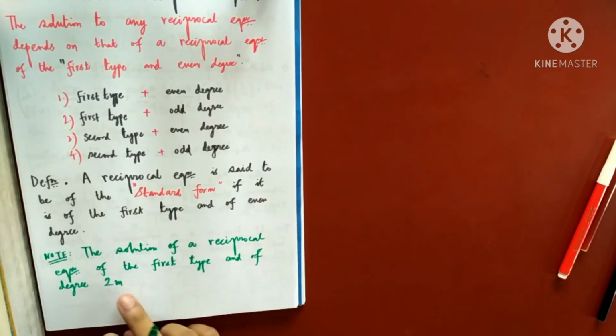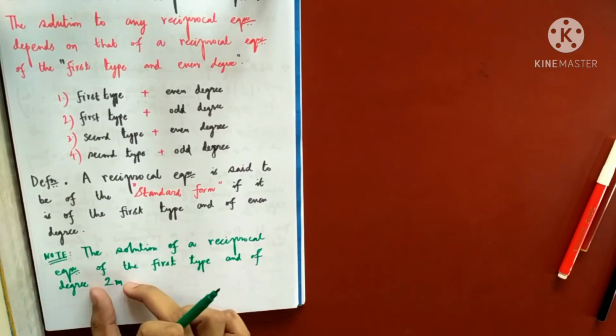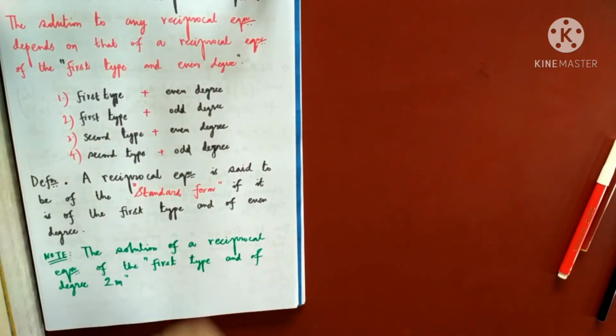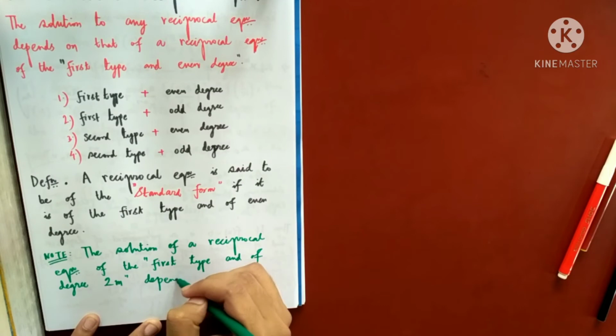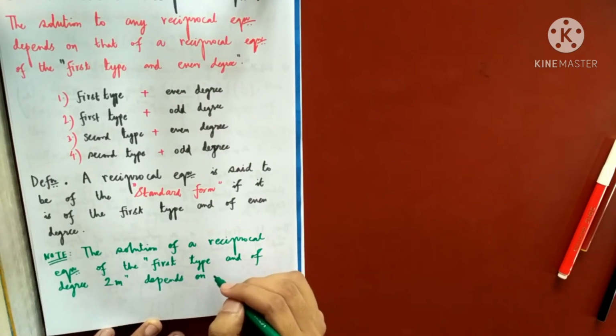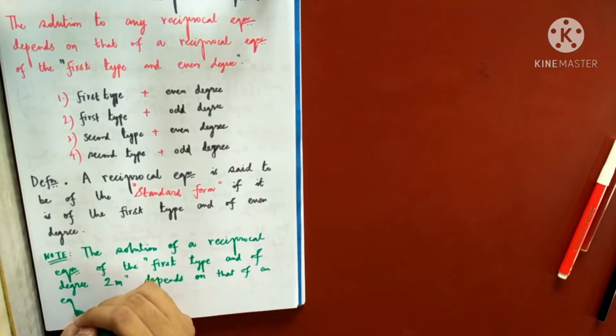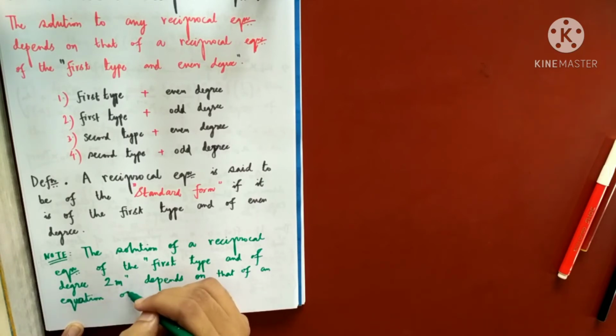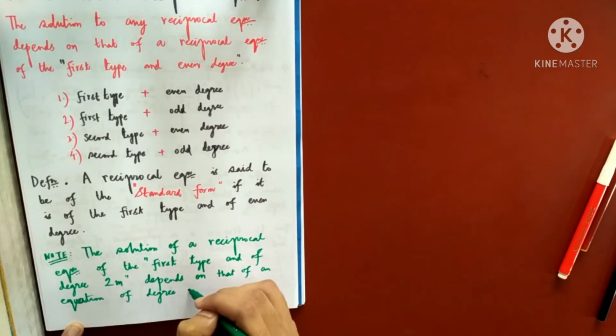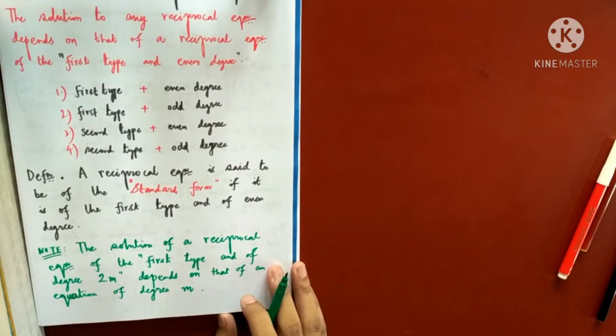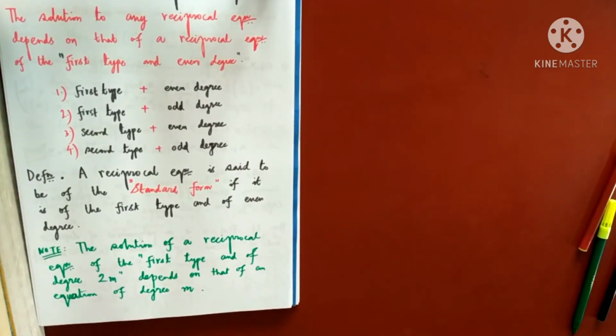So the solution of a reciprocal equation of first type and of degree 2m, that means the solution of the reciprocal equation in the standard form, depends on that of an equation of degree m. So this is again important. I'll explain how this can be reduced to this while doing the sum.